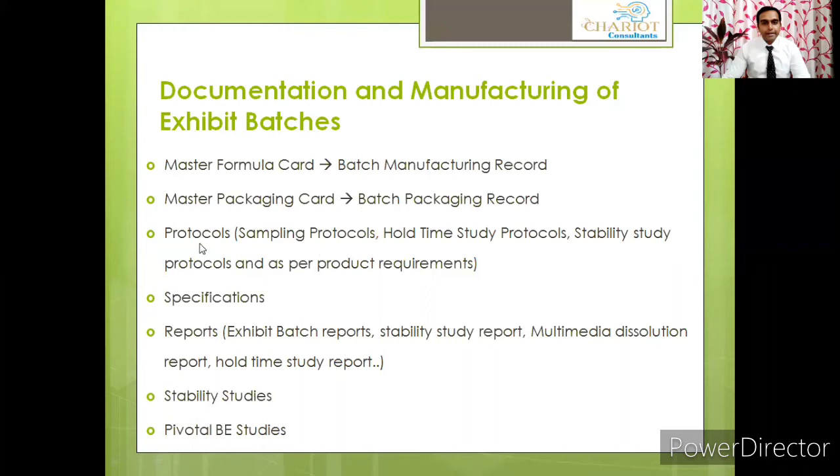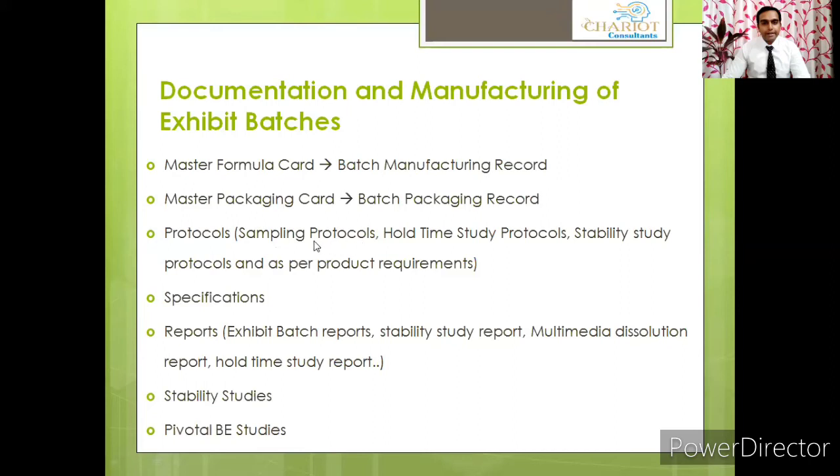The protocols that we will be preparing, for example, your sampling protocol, hold time study protocol, stability study protocols, and others as per your product requirements. These protocols are required whenever you are transferring the product to the larger scale for exhibit batch manufacturing, because every time you take any samples, you need to have a proper plan, you need to have a proper protocol.